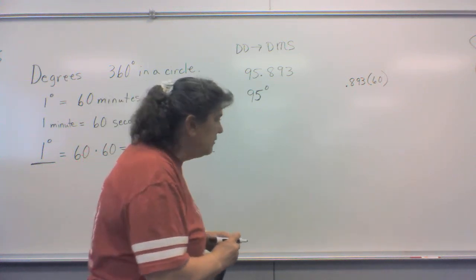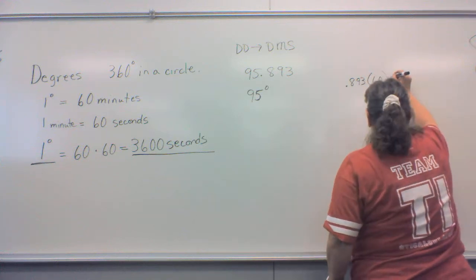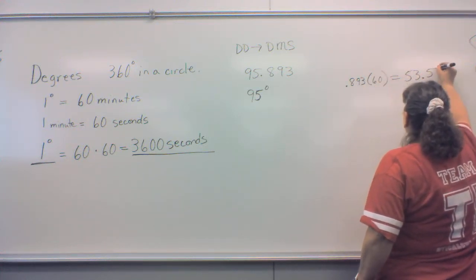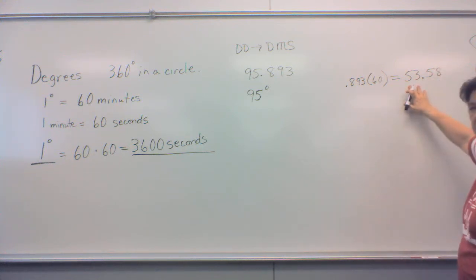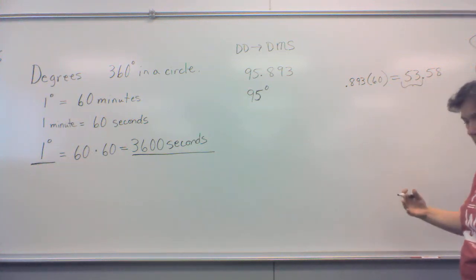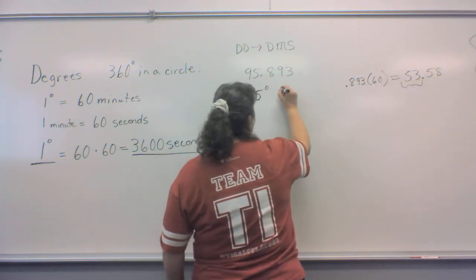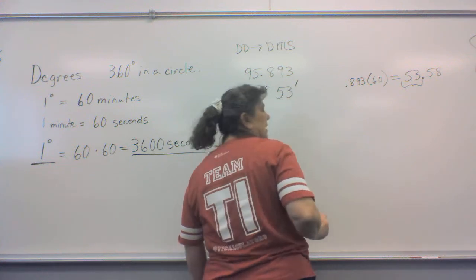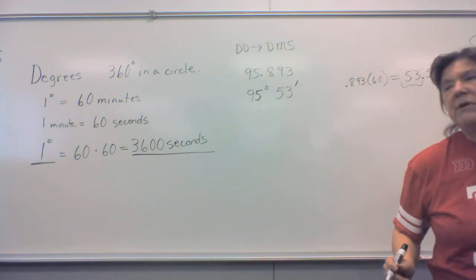And it's 53.58. In other words, we have 53 whole minutes and 58 hundredths of a minute. So we're going to take the whole part because that's how many minutes we actually have, and we will write it over here with what we've already done. So we have 95 degrees, 53 minutes.